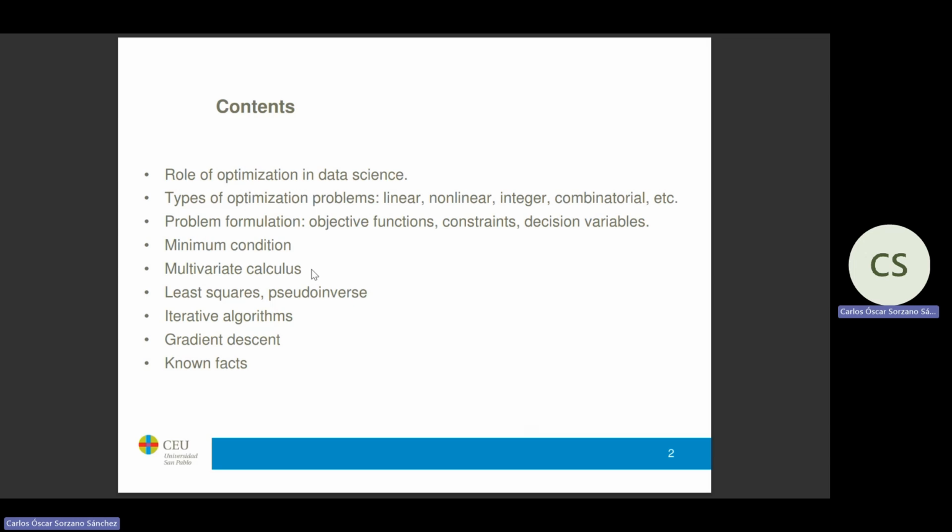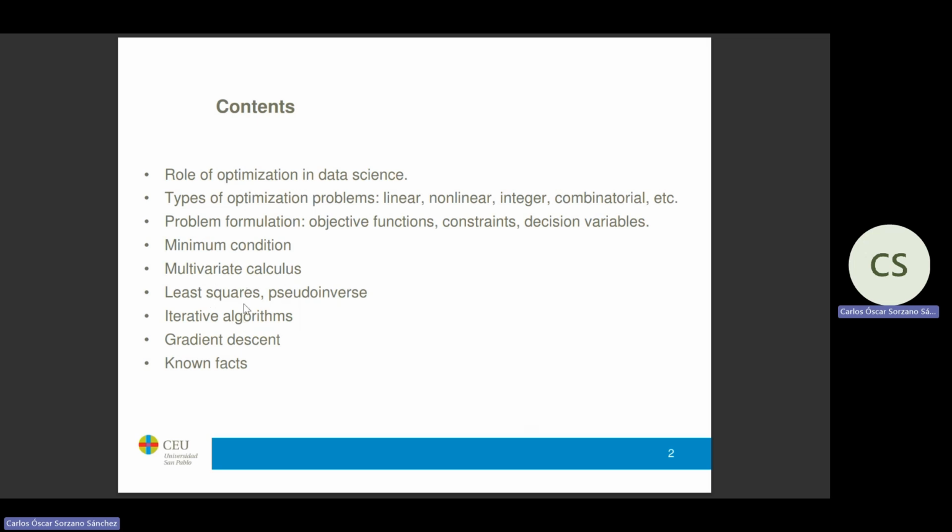You are familiar with univariate calculus, with only one variable, but maybe not so much with multivariate. Then these two techniques are extremely important: least squares and pseudo-inverse, and we will see a couple of very well-established results here. Then the concept of an iterative algorithm.